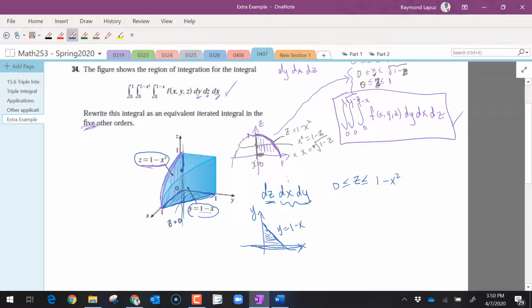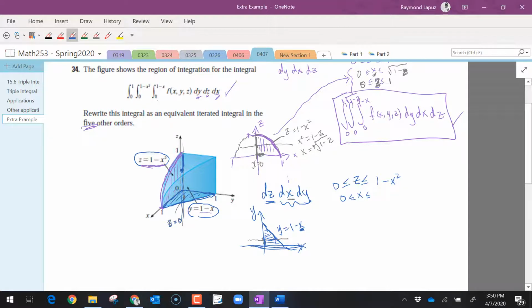Okay, so if we are deciding to integrate with respect to x first, I would draw a line parallel to the x-axis, and I would figure out which way I'm going to go in and which way I'm going to get out. So our x limits will come in here at x equal to 0, and we'll exit at x is equal to whatever this line is.